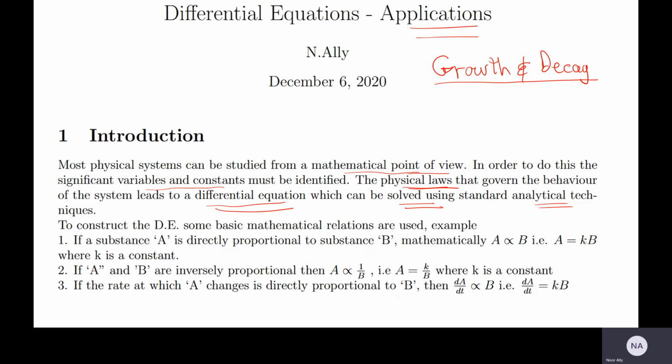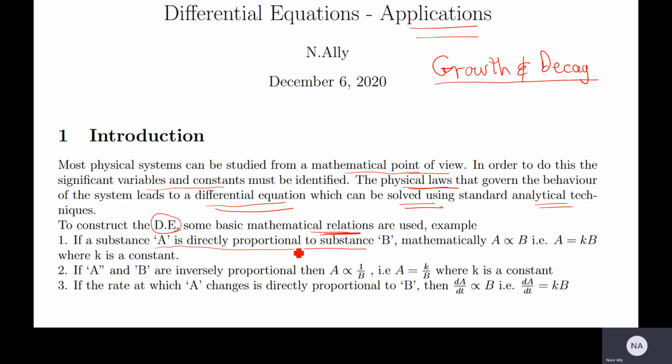And we've only touched on differential equations. We looked at ordinary first order differential equations. We get second order, we get partial differential equations. Fortunately, we're not going to look at those in this course. But to construct a differential equation, we need to look at relations that are used. So, for instance, you've come across this in your physics in school.